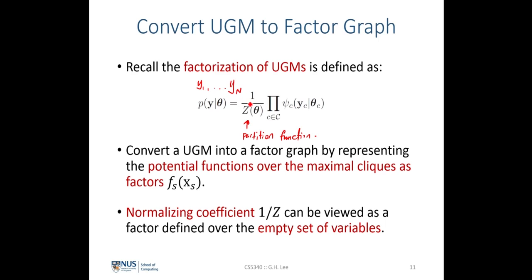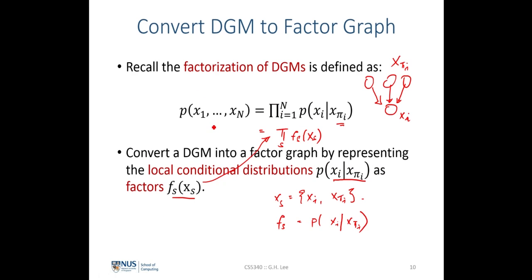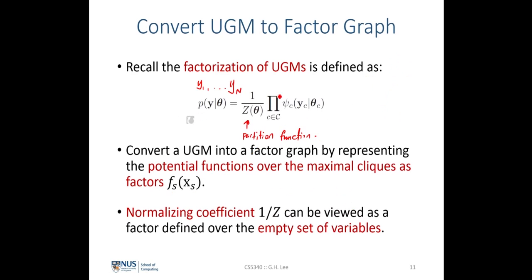So notice that there's no particular reason why I represent this random variable as y, and why I represent this random variable in the directed graphical model as x. This is simply because I'm following different textbooks or different materials on the definitions over here, but they are essentially the same thing. And phi c over here simply represents the clique potentials that consist of all the random variables yc in the clique, or in the maximal clique, if we are following the Hammersley-Clifford theorem.